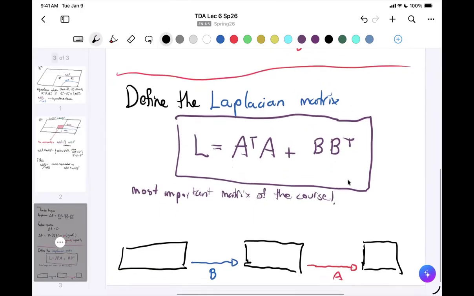If you remember what I told you, the way to think about the transpose is that it is a matrix that runs in the opposite direction, because the transpose switches the sizes of the matrix, right? So it goes the opposite way.